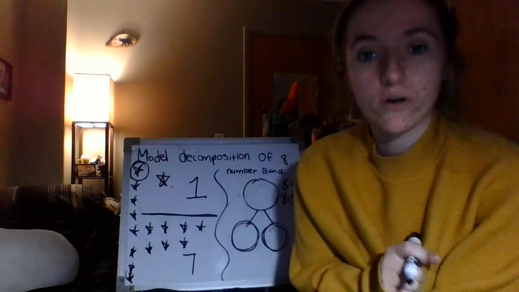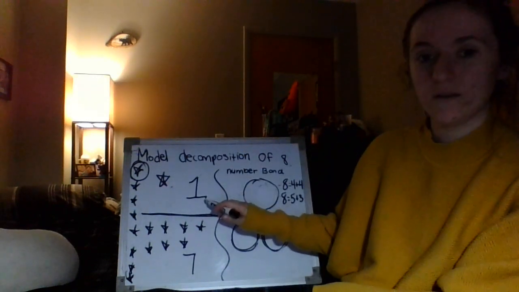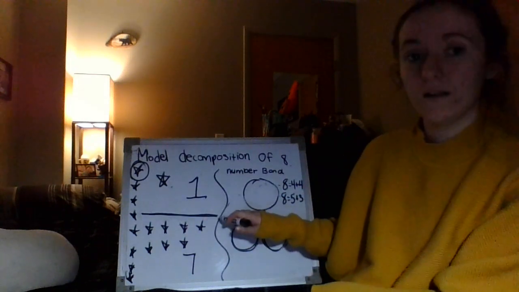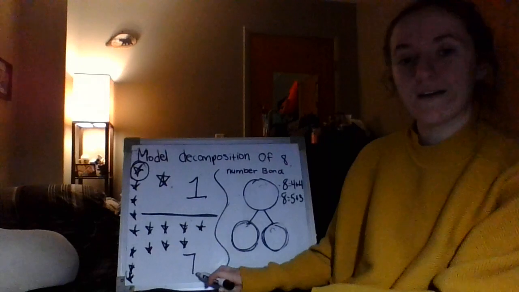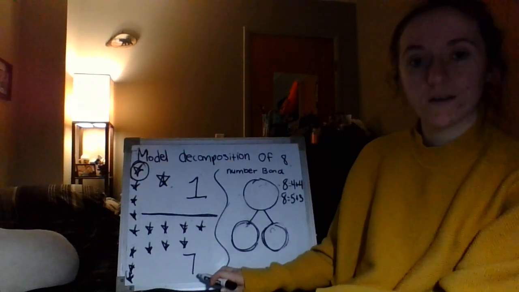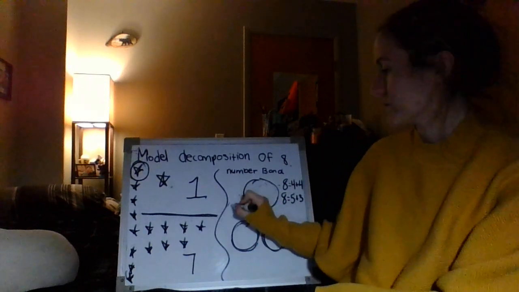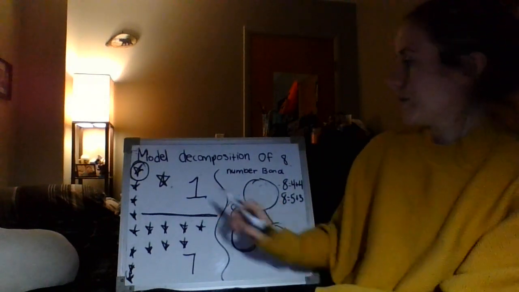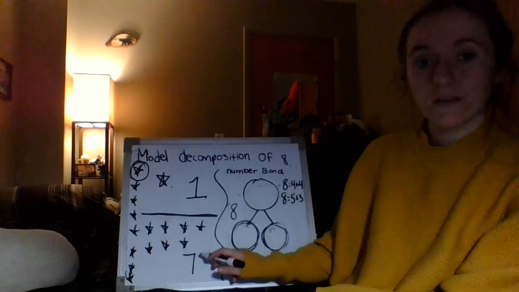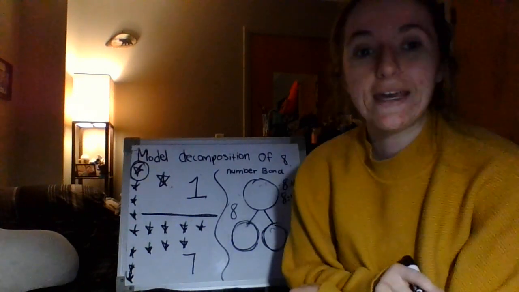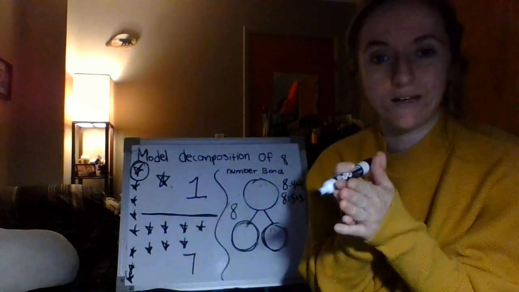So in your composition book, you should have 1 circle with the number 1 next to it, a line, and then 7 circles, and the 7 next to it. So that's showing we had 8 stars or circles all together. If we take 1, there are 7 left. So that means 8 can be broken up into 7 and 1 to make 8.